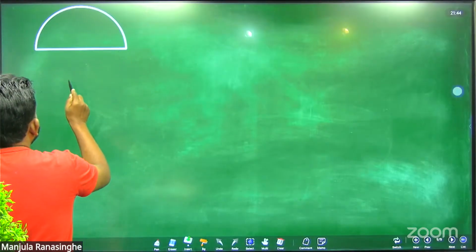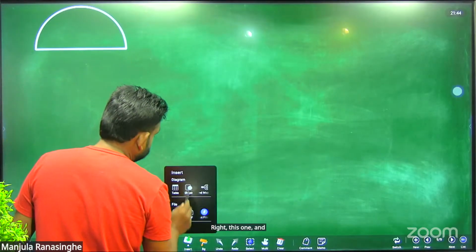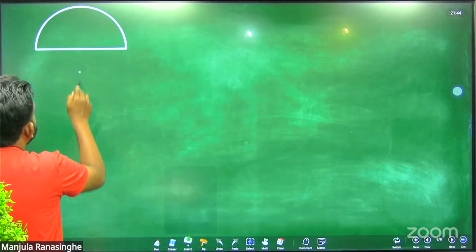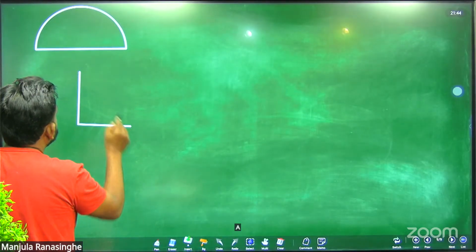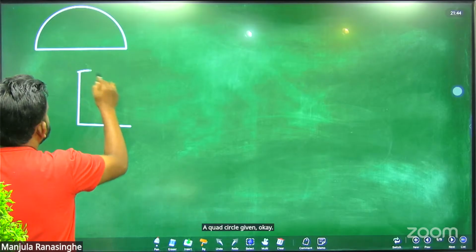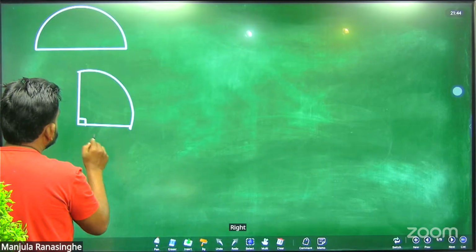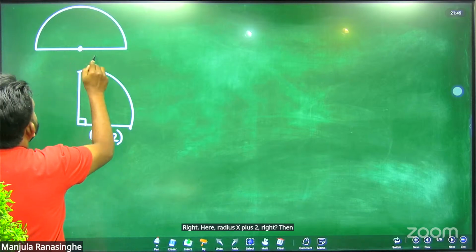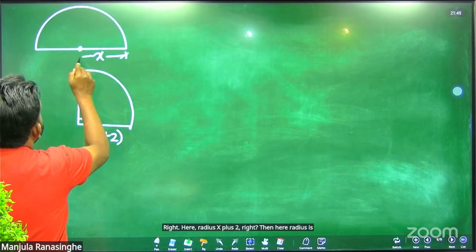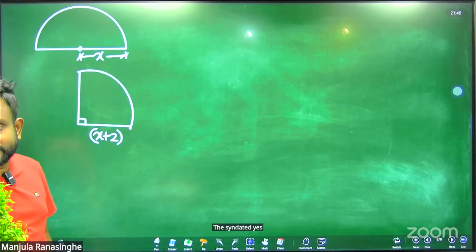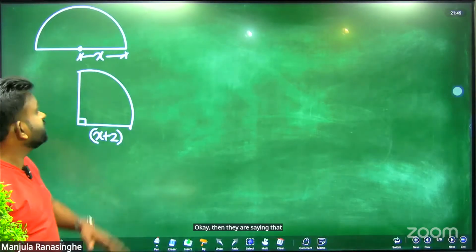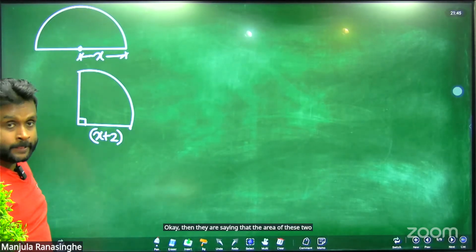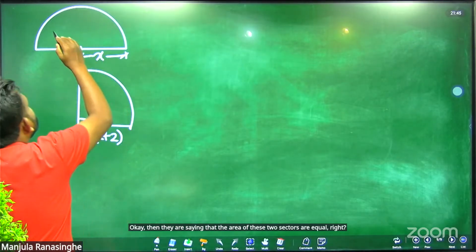A quarter circle is given. Here the radius is x plus 2, and here the radius is x. They are saying that the areas of these two sectors are equal. Then you can write the area of this sector.